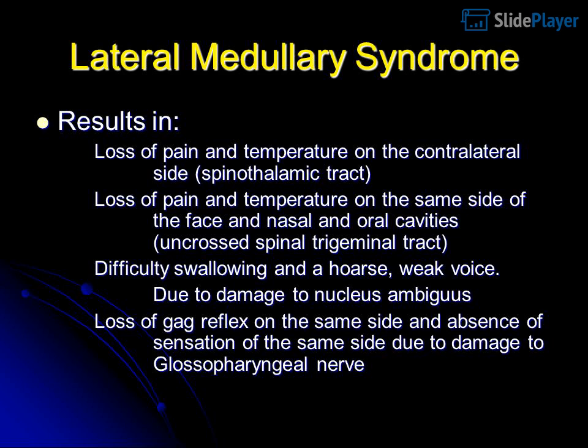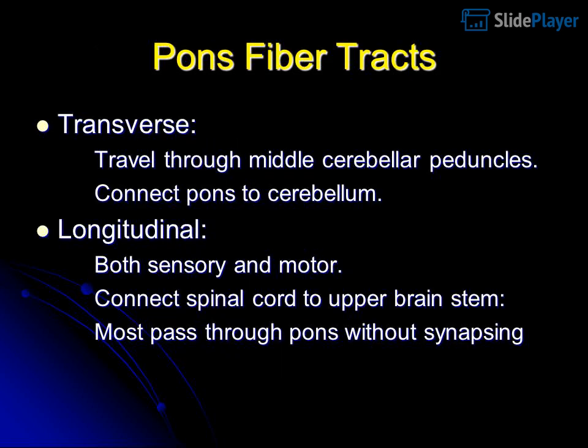Loss of pain and temperature on the same side of the face and nasal and oral cavities, uncrossed spinal trigeminal tract. Difficulty swallowing and a hoarse, weak voice, due to damage to nucleus ambiguus. Loss of gag reflex on the same side and absence of sensation on the same side due to damage to glossopharyngeal nerve.